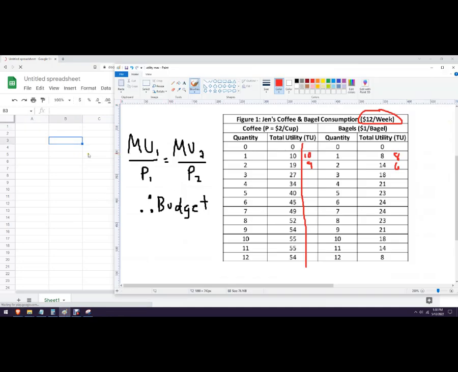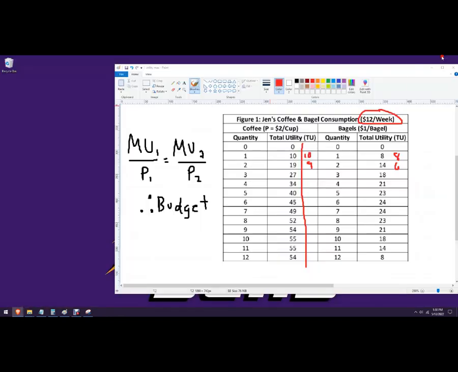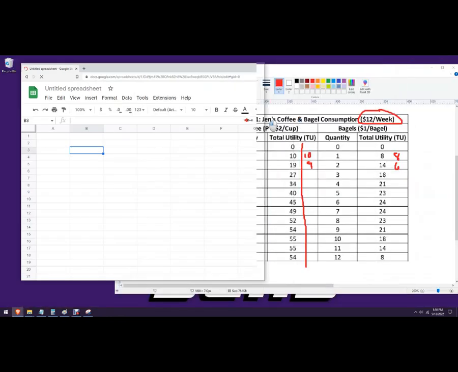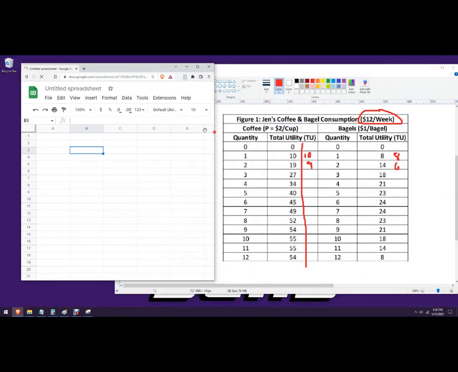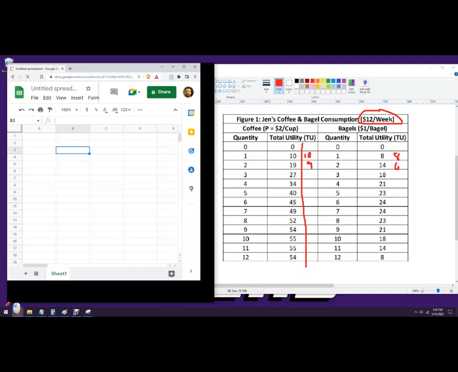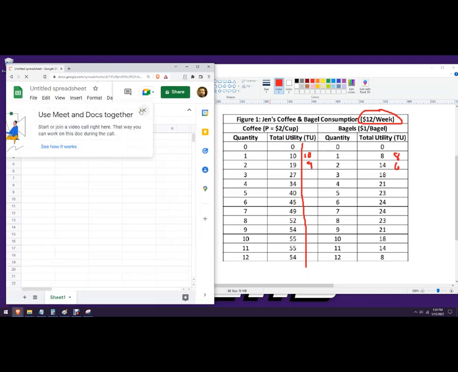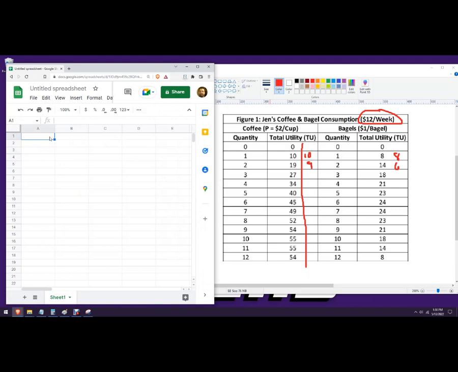I'm going to make a little table here. Make it a bit smaller so I can see both sides. Let's do coffee. Call this coffee, and then quantity, total utility, and then I need marginal utility.